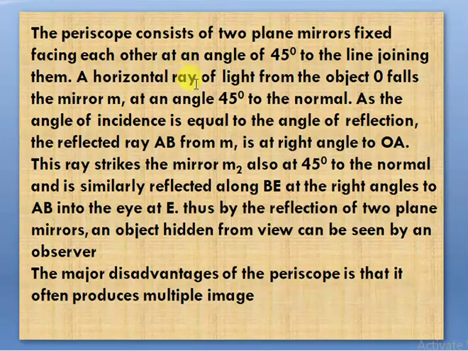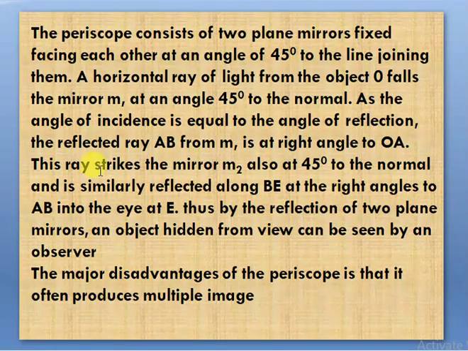Now a horizontal ray of light from the object O will fall on the mirror M1 at an angle of 45 degrees to the normal. As the angle of incidence is equal to the angle of reflection, the reflected ray AB from your M1, that is the first mirror, is at right angle to OA.